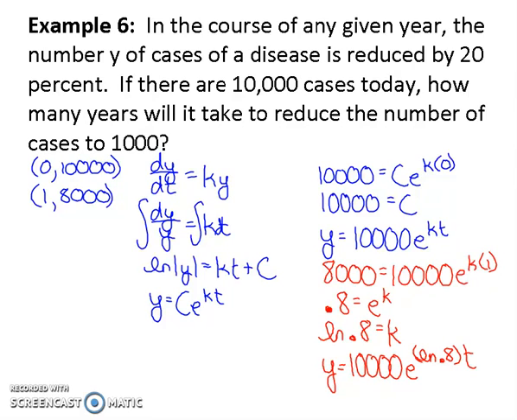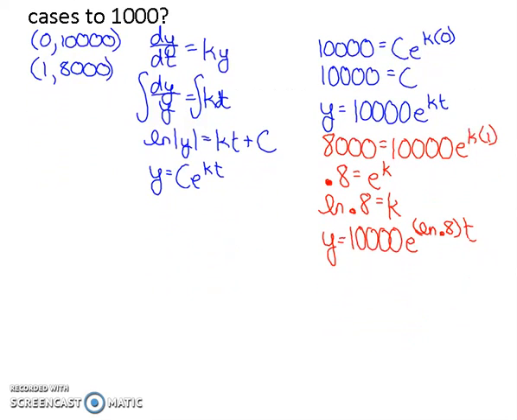So now if you look at the final question though, it says, if there are 10,000 cases today, how many years will it take to reduce the number of cases to 1,000? So we know that we want to end up with 1,000 cases using this model. So we just need to solve it for t.